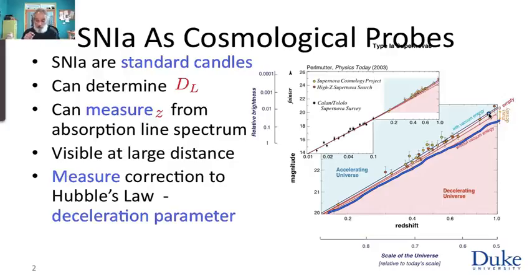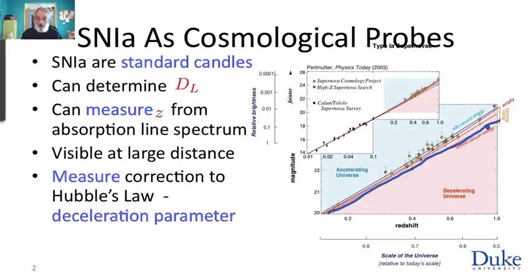What they were measuring is that the expansion of our universe is accelerating. From our understanding of cosmology, this means we have a non-zero cosmological term, because that is the only term that contributes with a positive sign to the deceleration equation, a negative sign to q. And so they are directly measuring the existence of a cosmological term.